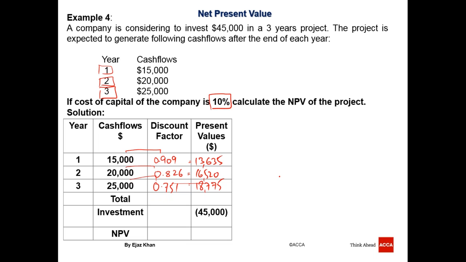So let's just add all these values. 48,930. Then 3930, right?